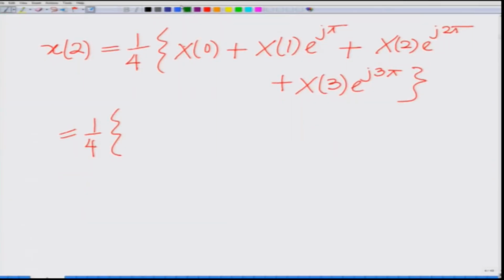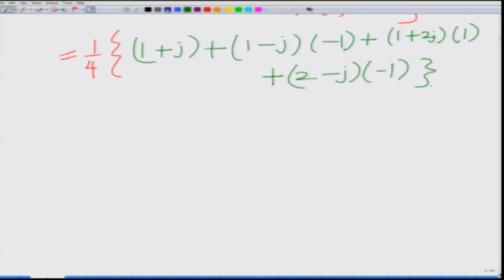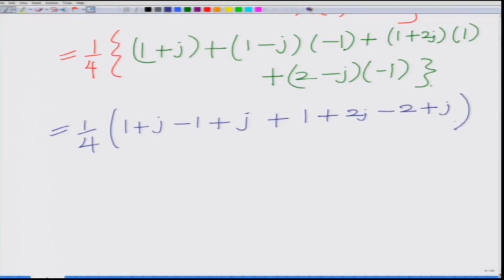which is equal to 1/4, again hoping that I am making no mistakes, (1 plus j, plus (1 minus j) times minus 1, since e^(j pi) is minus 1, plus (1 plus 2j) into e^(j 2pi) which is 1, plus (2 minus j) into minus 1). This is therefore equal to 1/4 (1 plus j minus 1 plus j plus 1 plus 2j minus 2 plus j).